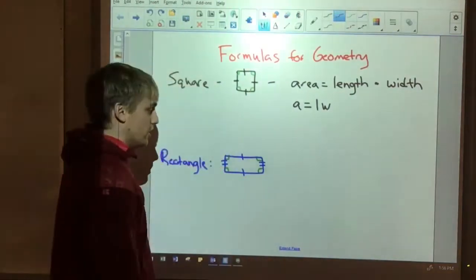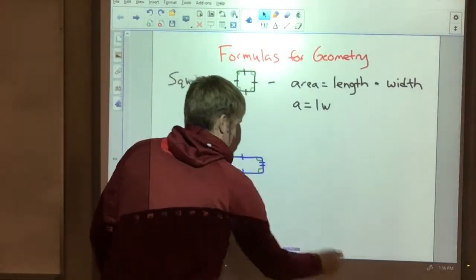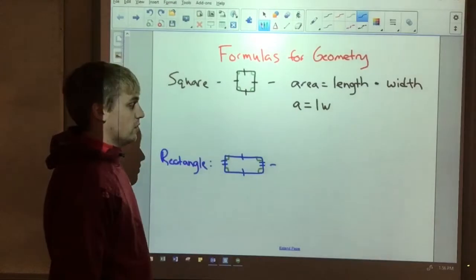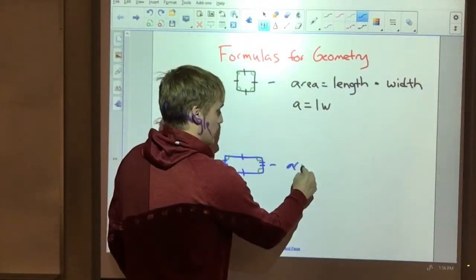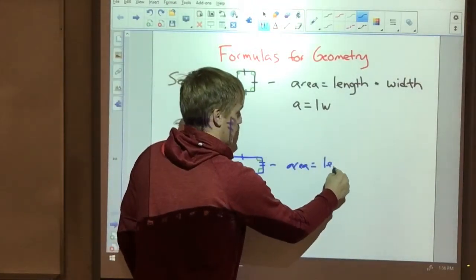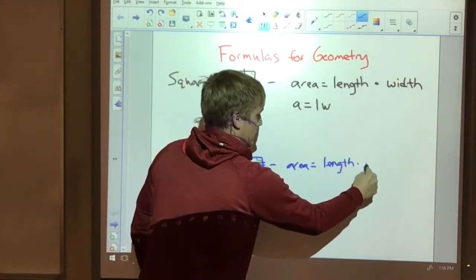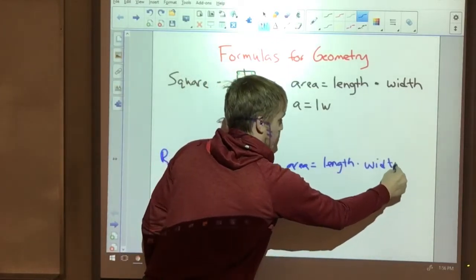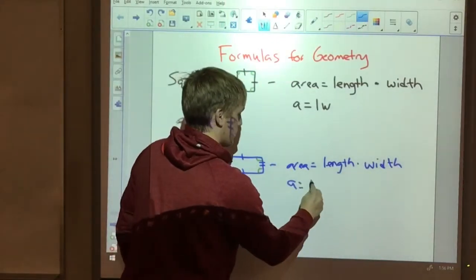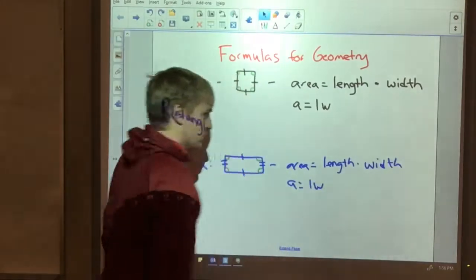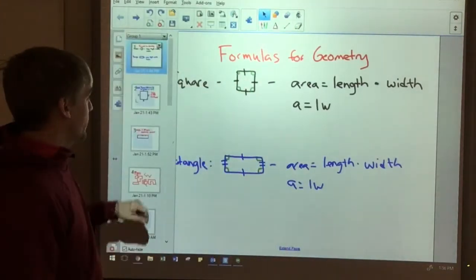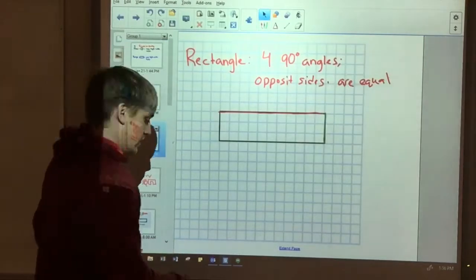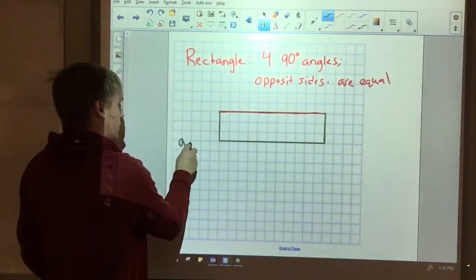So the formula is area equals length times width. A equals LW. So if we go back here to our rectangle, we're going to find the area.